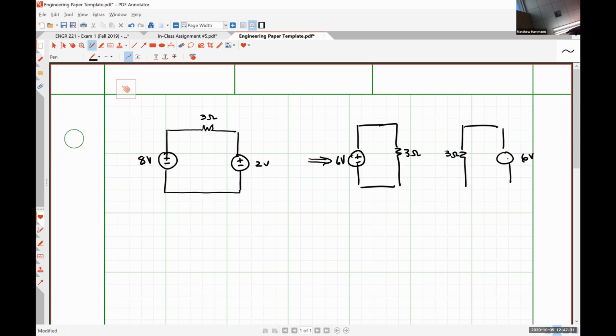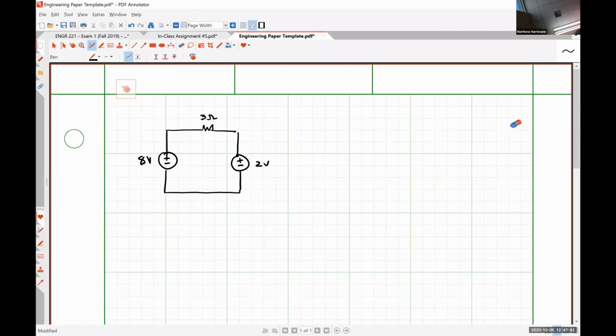This is all about following Kirchhoff's voltage law, right? So let's see what happens if we follow it one way versus the other way. Actually, I think that'd be a better thing to do.